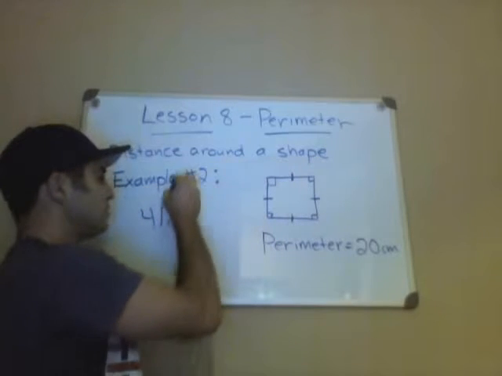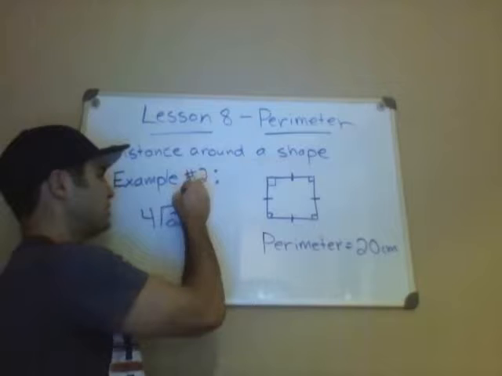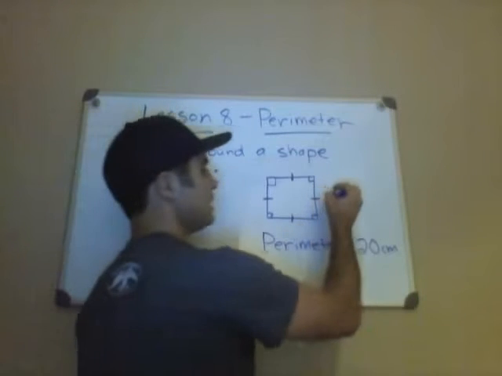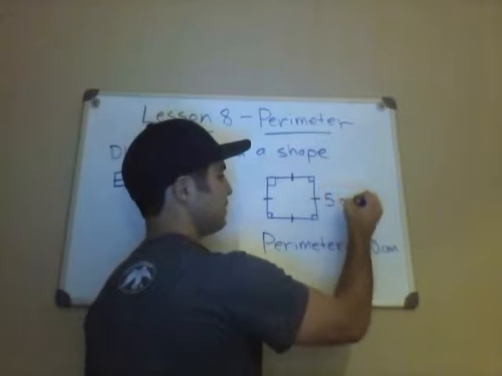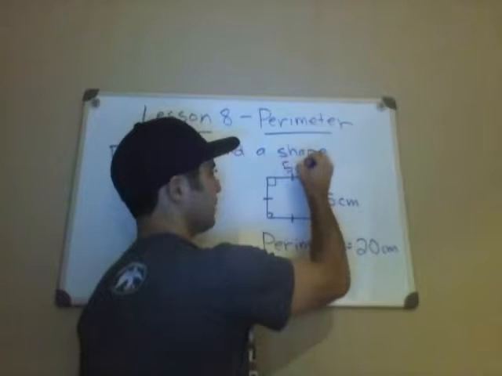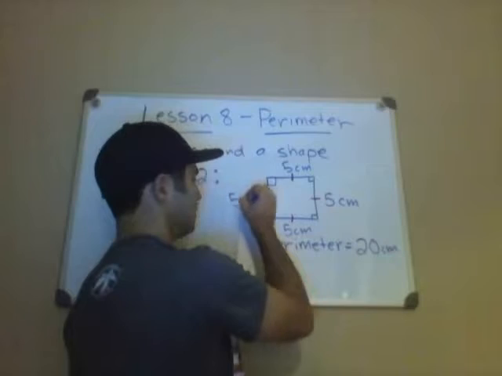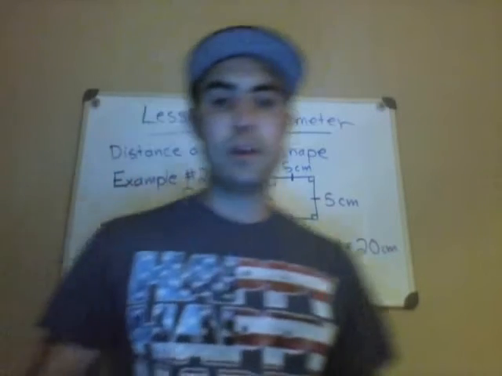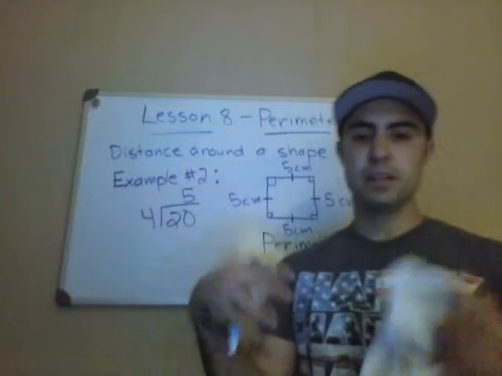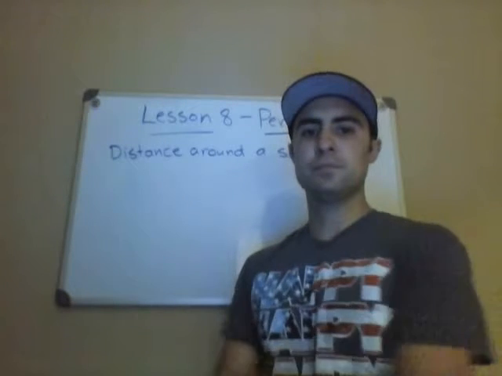And you know that 20 divided by 4 is 5. That means that each one of these sides is 5 centimeters long. That way you can take your knowledge of a square and knowledge of perimeter and extrapolate that.